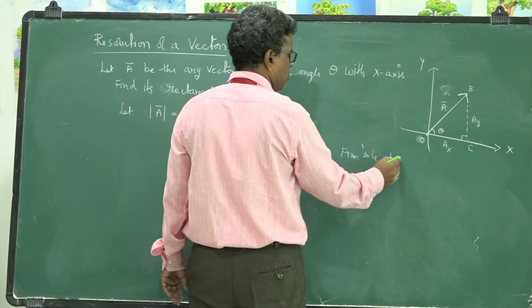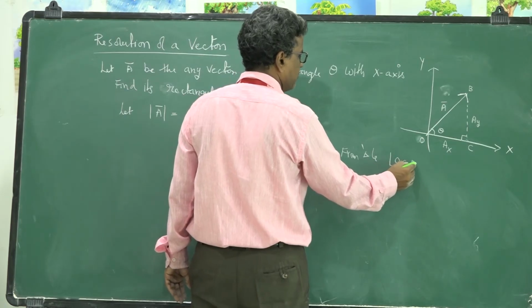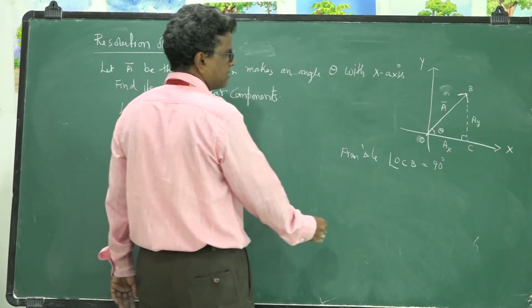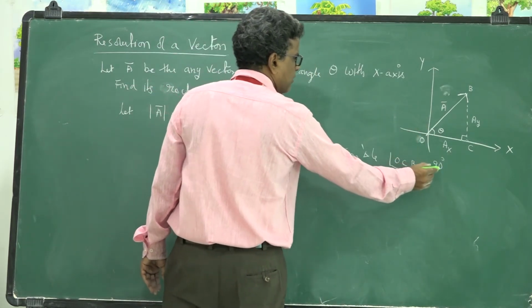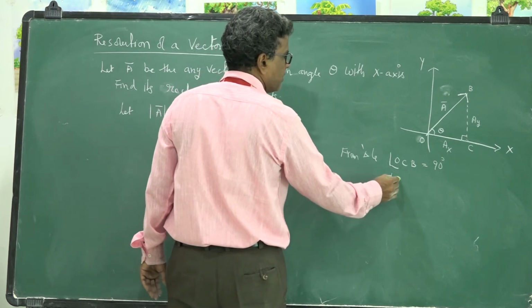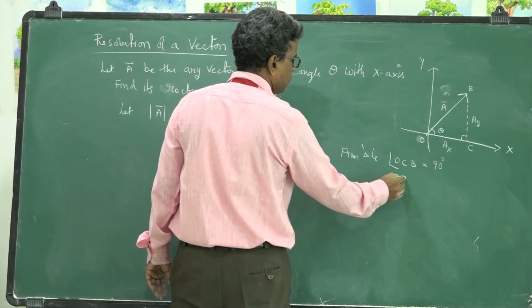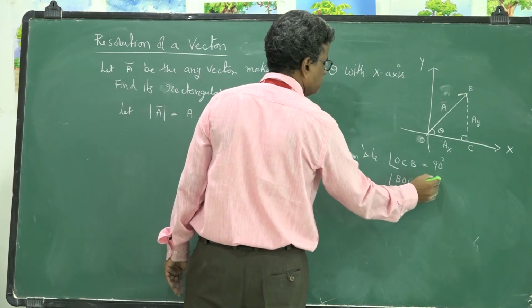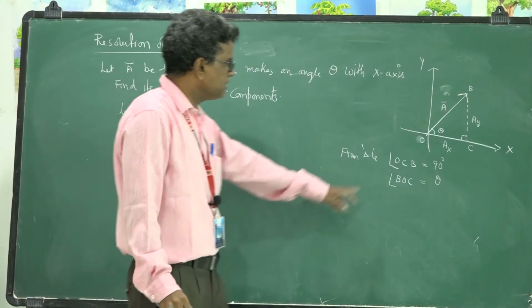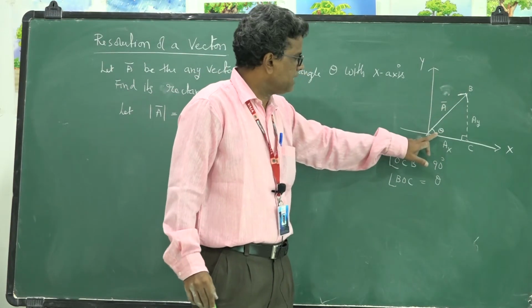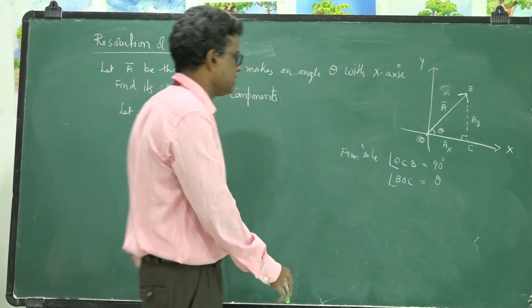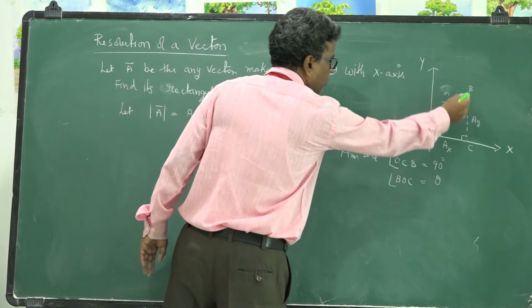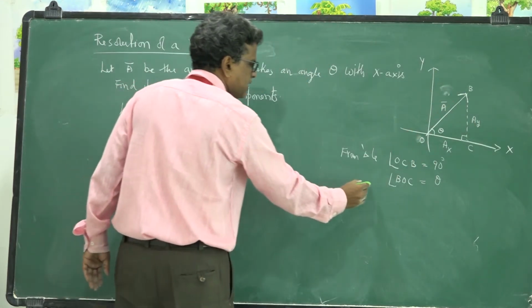Angle OCB, how much is it? 90 degrees. And angle BOC is theta. That means this is the vector orientation which makes an angle theta with the x-axis. That is our assumption. So in this triangle OBC, what is sin theta?